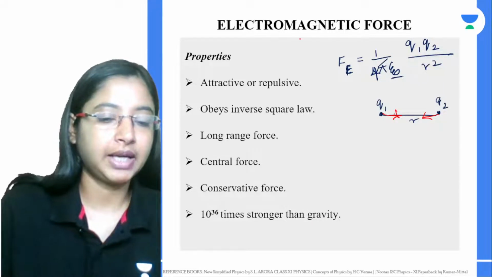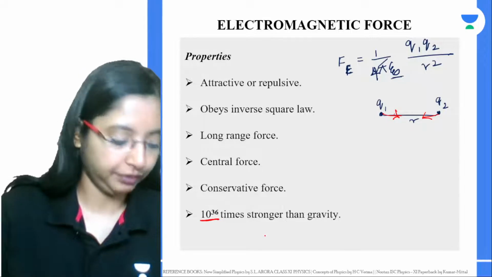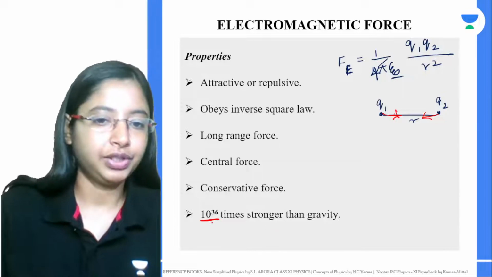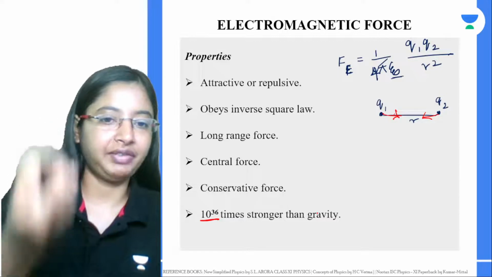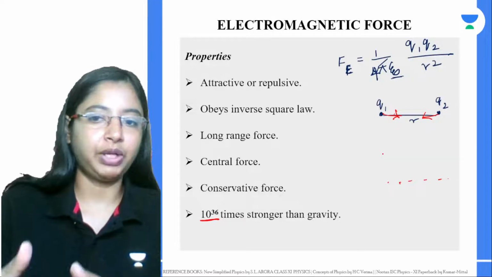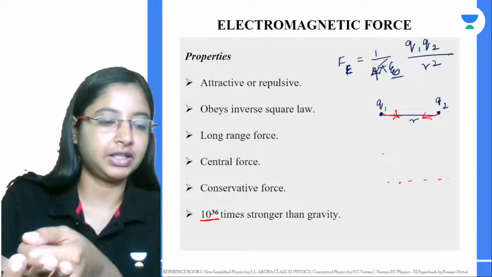The electromagnetic force is 10 to the power of 36 times stronger than gravity. This is the reason why, though gravity is acting on the bits of paper, when you comb your hair and bring the comb near, the bits of paper get attracted towards the comb.